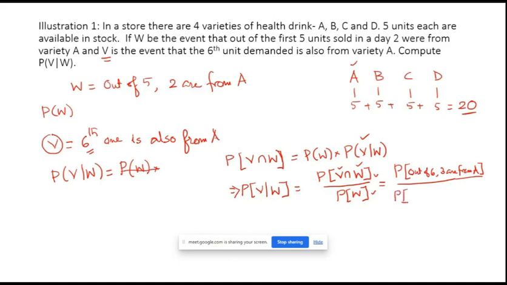It is also clear that out of 5, 2 are from A. That means we have 2 probabilities, one in the numerator, one in the denominator.